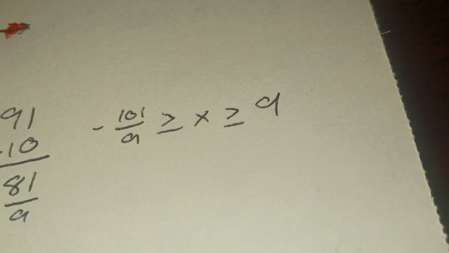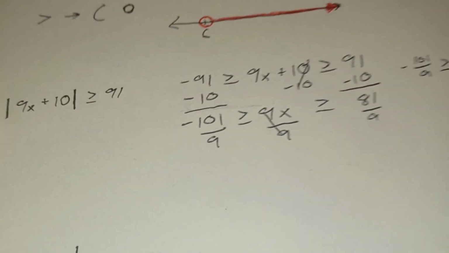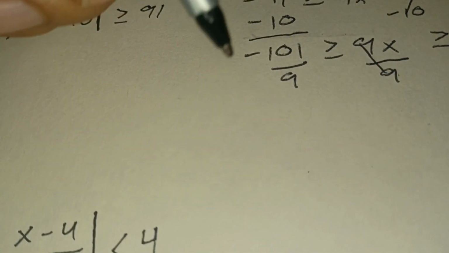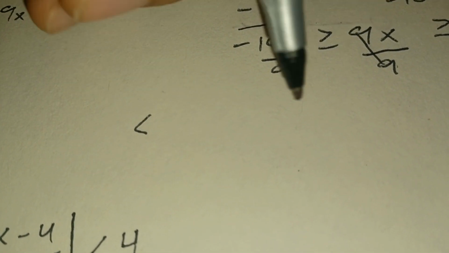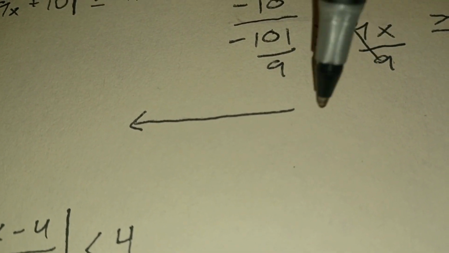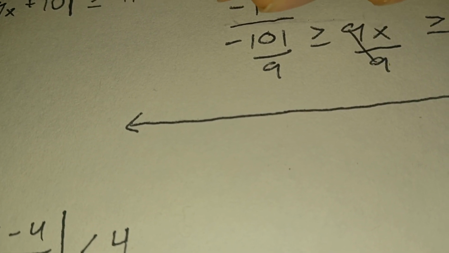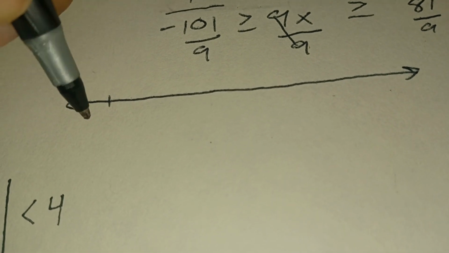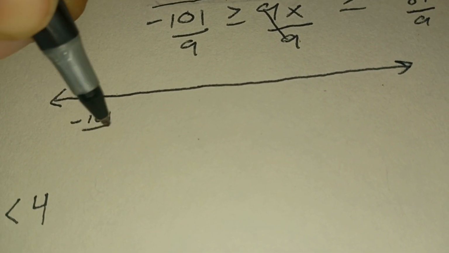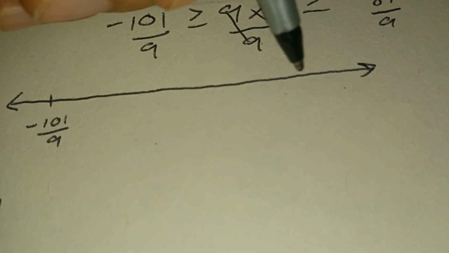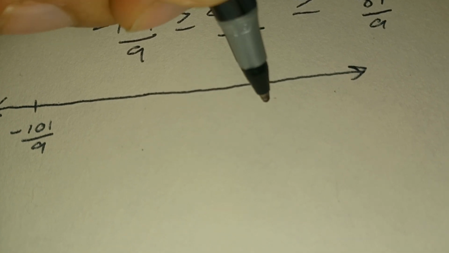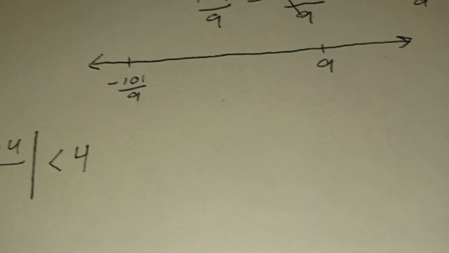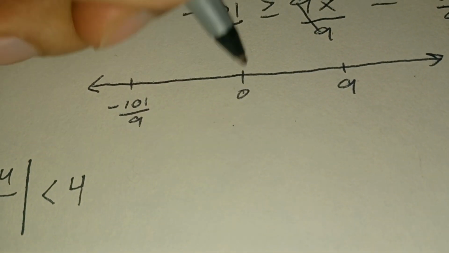So let's go ahead and draw what that will look like first before we do our notation. Again, we do our number line. Let's put negative 101 over 9 right here, and let's put 9 right here, positive 9. Let's put a 0 right here, not to scale.